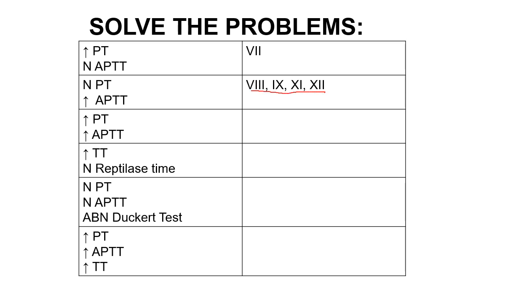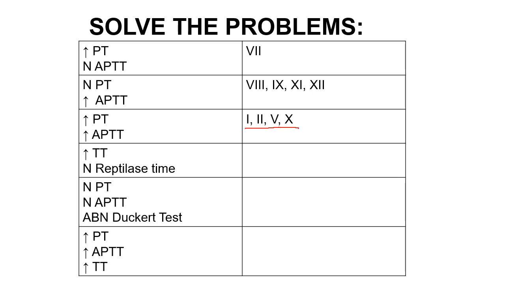Your 8, 9, 11, or 12. Next naman, prolong PT, okay? Prolong APTT. So, saan ang problem? Ano ang common denominator ba nila? Your common pathway. So, the deficiency is derived from either your 1, 2, 5, and 10.